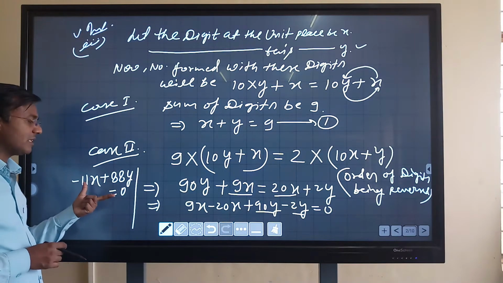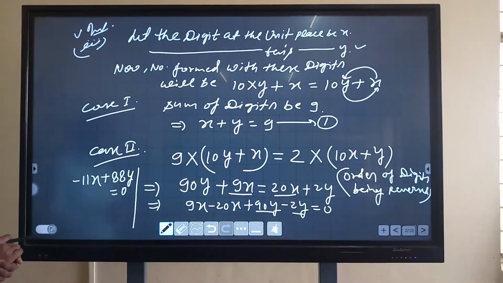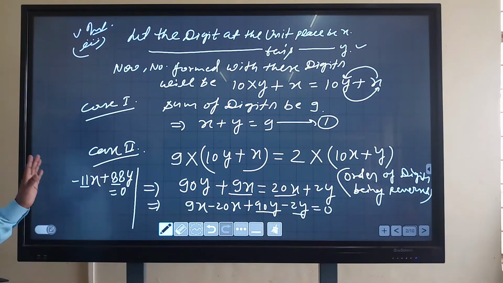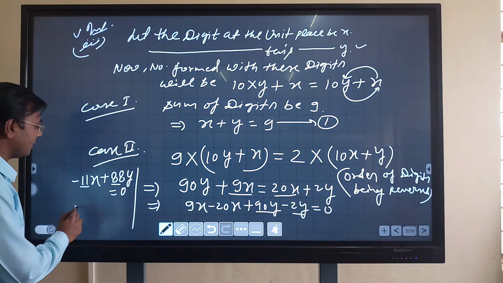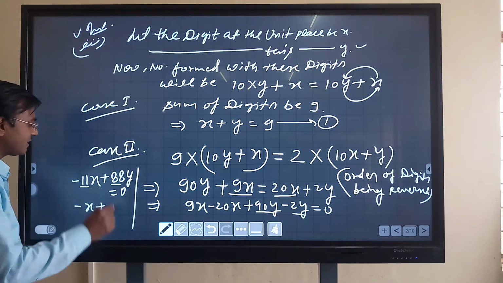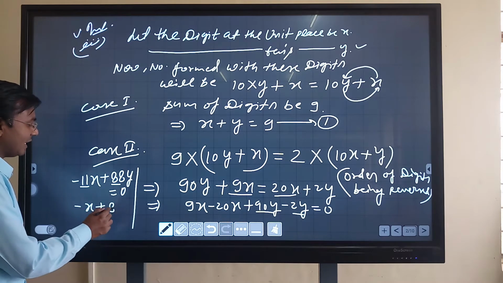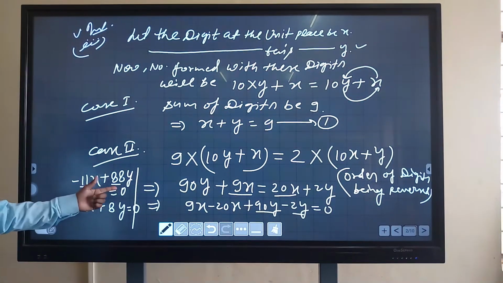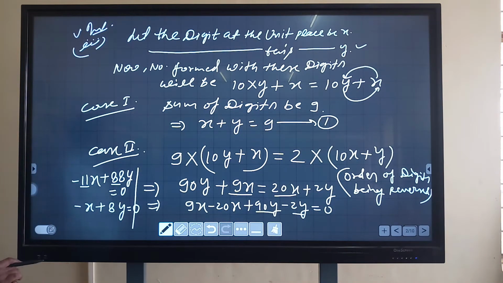Now we can make this equation simpler. How? Because we see both the numbers in x, y are divisible by 11. So we can divide this whole equation by 11. So we get minus x plus 8y equals 0, because if you divide 0 by 11, you'll get 0 only, right?